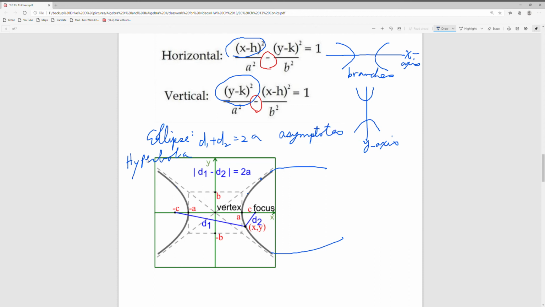Asymptotes means there is the line the graph will follow. So this is the asymptote. Let me extend. Therefore, the graph is supposed to follow the asymptote. Okay? So your graph is supposed to follow the asymptote.